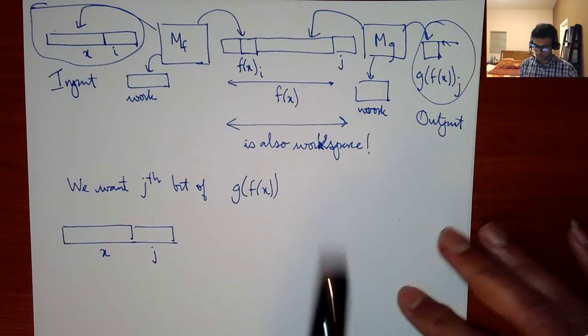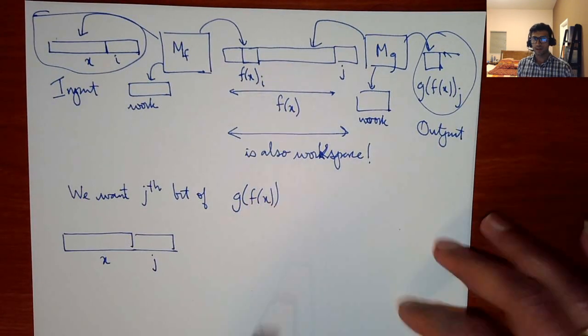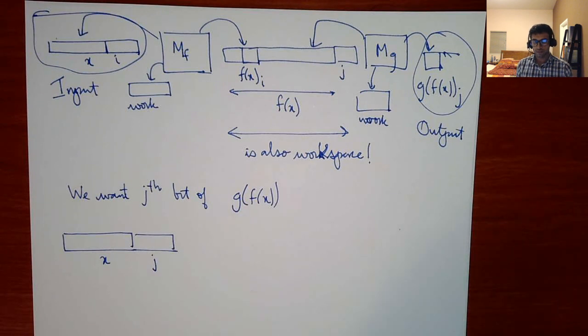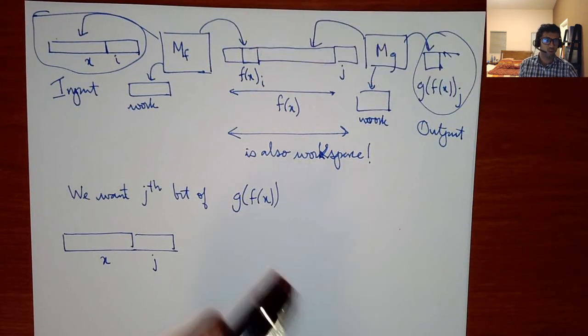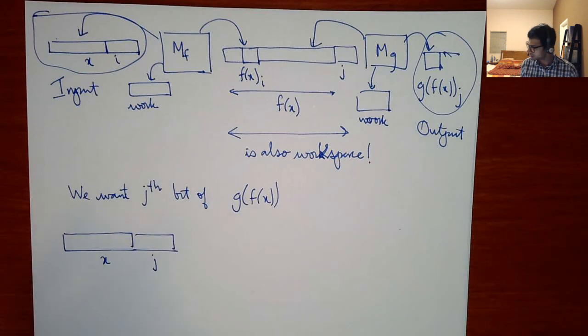But MG is supposed to take as input f of x, not just one bit of f of x. It might need all of f of x because it might scan through the whole thing to figure out various things to compute. That's right. So one bit of f of x is not enough.